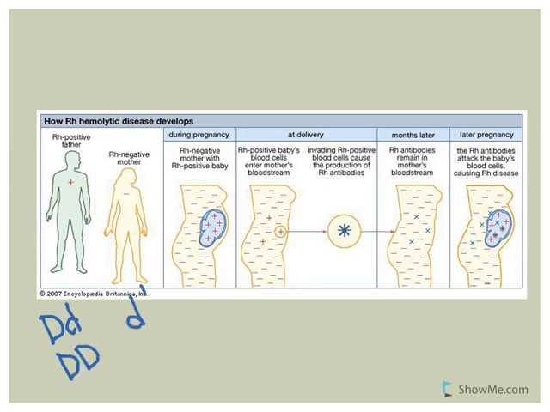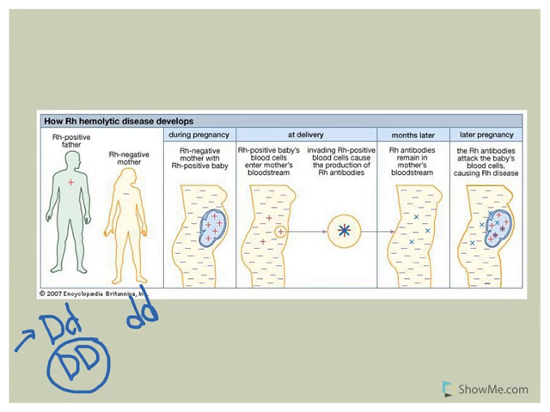Remember, the mother is this for her genotype. So if he is homozygous, it's a 100% chance she'll carry an Rh positive fetus. If he's heterozygous, there is a 50% chance that she will carry an Rh positive fetus.